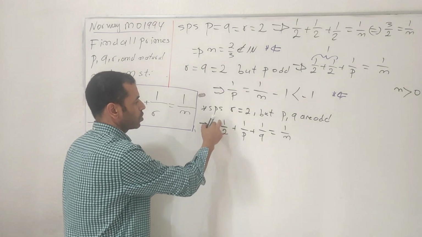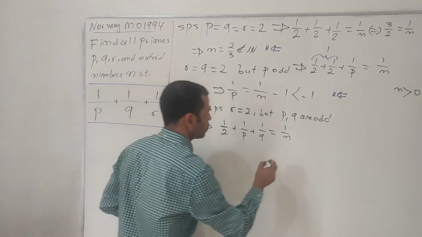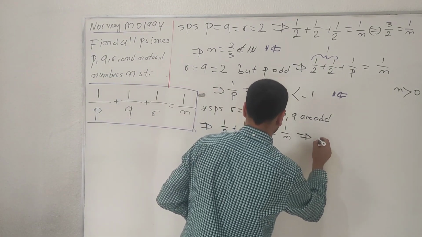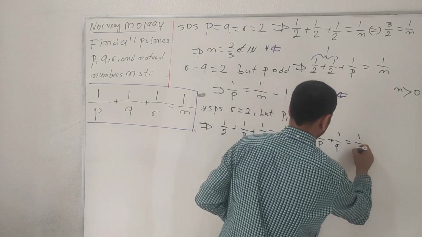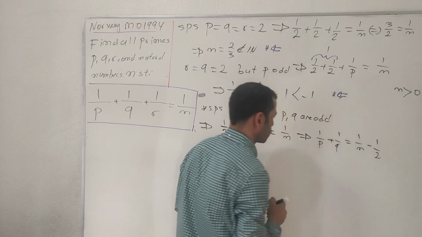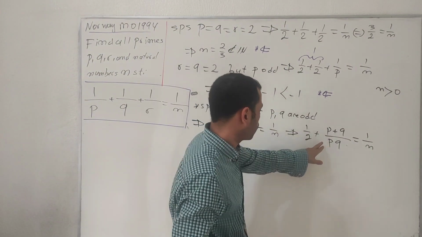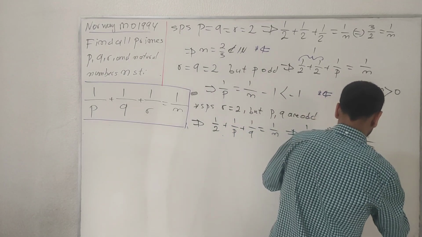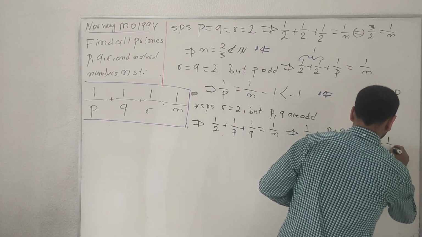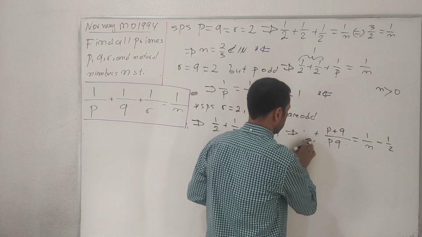Then moving this half to the right, I get 1 over p plus 1 over q equals 1 over n minus 1 over 2.